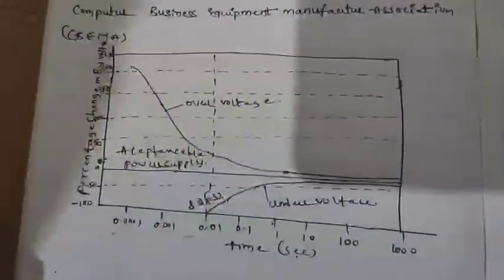Here we can say that if the supply voltage is within the limits, it is an acceptable power supply.